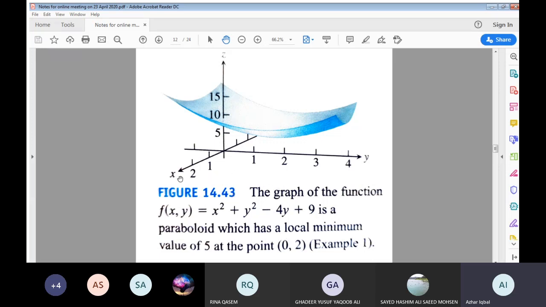So x is 0 and this is the point here, 0 and 2. It has a local minimum and the minimum value is 5 for this paraboloid surface.